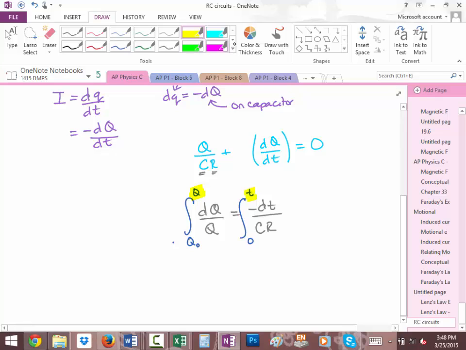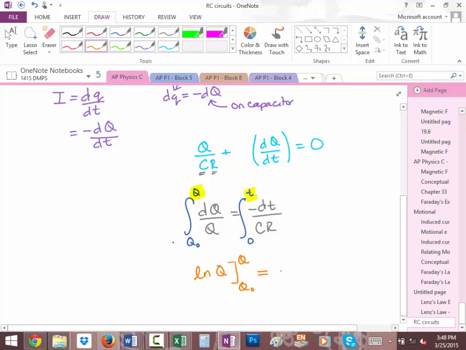So let's do some integration because we can. If we integrate the left-hand side first, 1 over Q dQ is just going to be? Natural log of the absolute value of Q. So let's say ln of Q, evaluated from Q naught to Q. And on the other side, the C and the R are what?